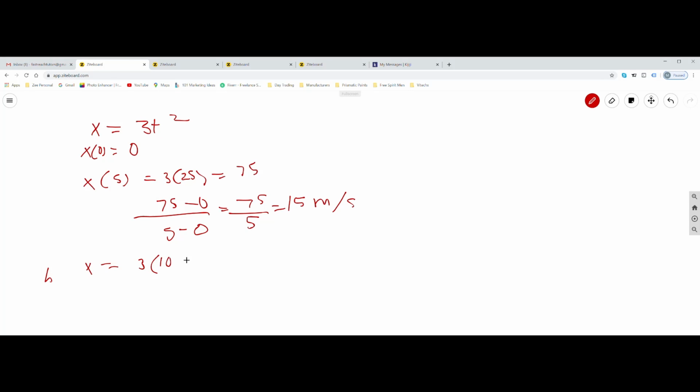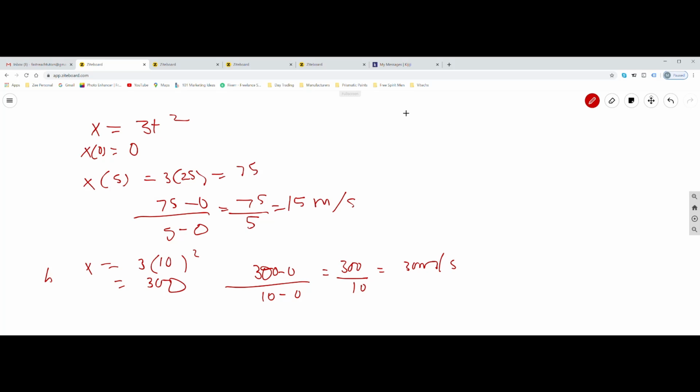So at 10, it's 3 times 100, so it's 300. So you're going to do 300 minus 0 over 10 minus 0, which is 300 over 10, which is 30 meters per second.